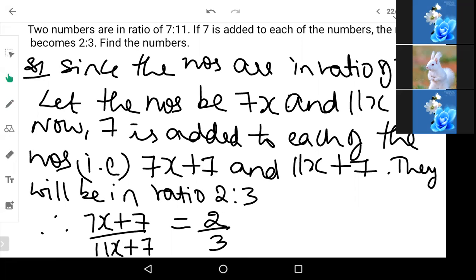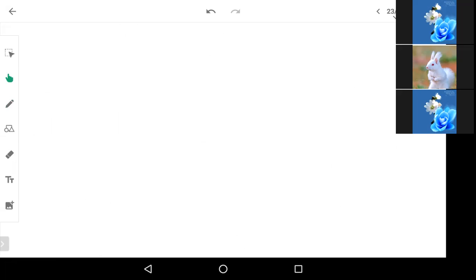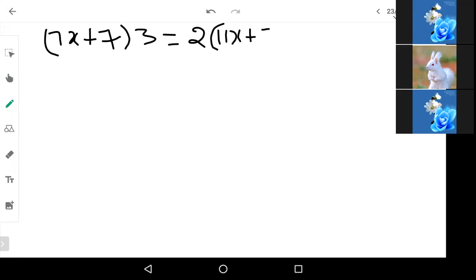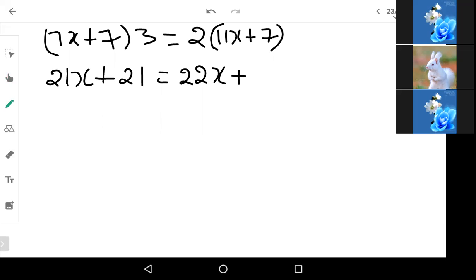Now let us do the multiplication. Here you have 7x plus 7 multiplied with 3, and on the other side 2 multiplied with 11x plus 7. So 7 threes are 21x plus 7 threes are 21, is equal to 2 elevens are 22x plus 7 twos are 14.